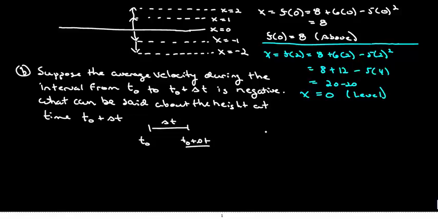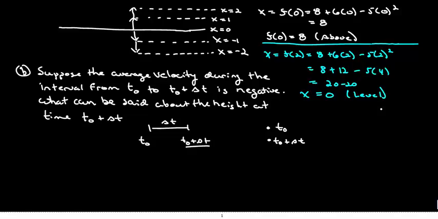So what we can say is that at t naught, it's at some height, but then because this average velocity is negative, at t naught plus delta t, it must be at a lower height.